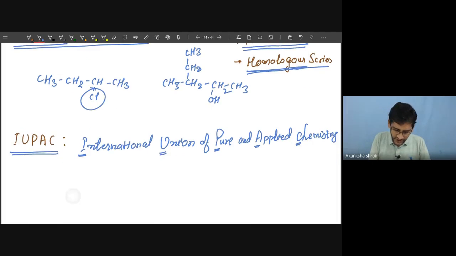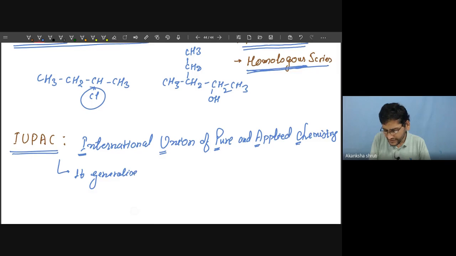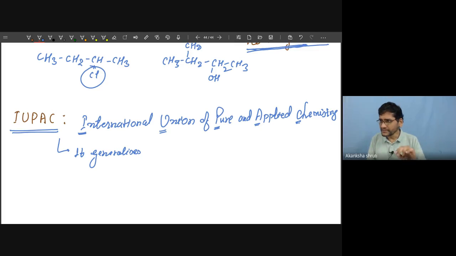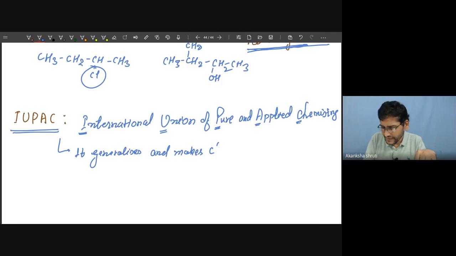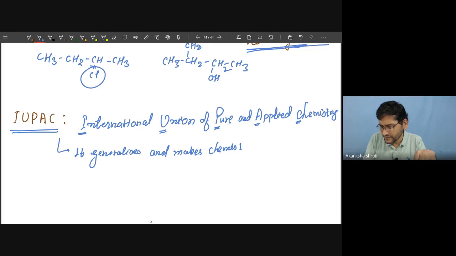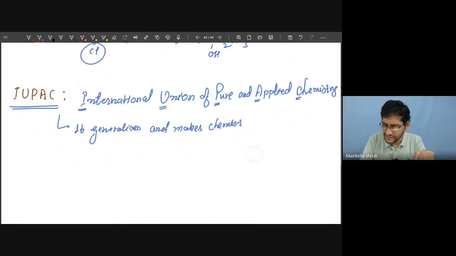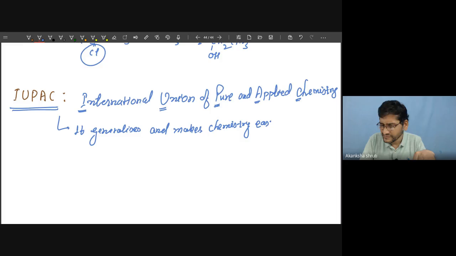It tends to generalize. Generalizes means the things must be acceptable internationally. It generalizes and makes chemistry easier.